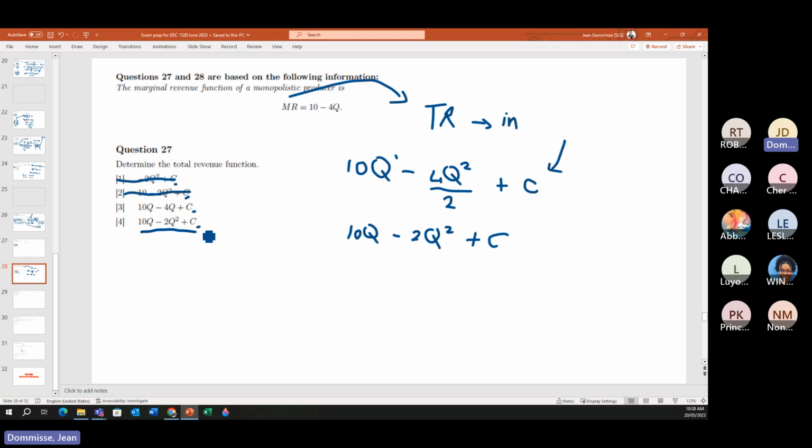So here we have option C. It's not that difficult, but you need to know what to do with that marginal revenue curve to get to your total revenue function. If you did something wrong in this instance, you would get that question wrong. So you need to know that you need to integrate your function to get to your total revenue.